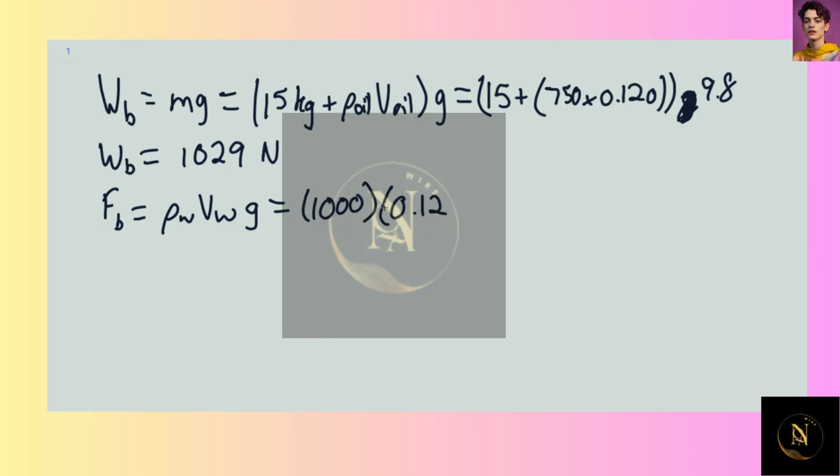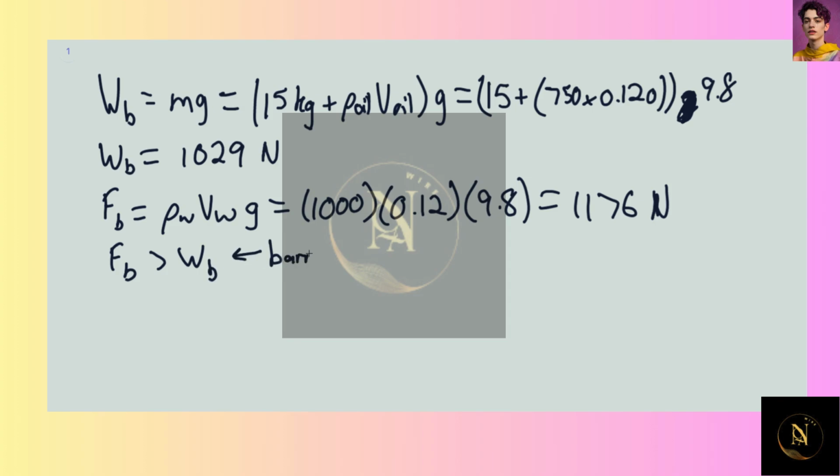So it'll be just 1,000 times 0.12, times 9.8, and this is going to equal 1,176 newtons. Because the buoyancy force is greater than the weight of the barrel, the barrel will float.